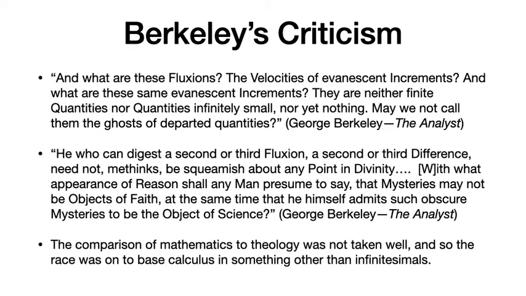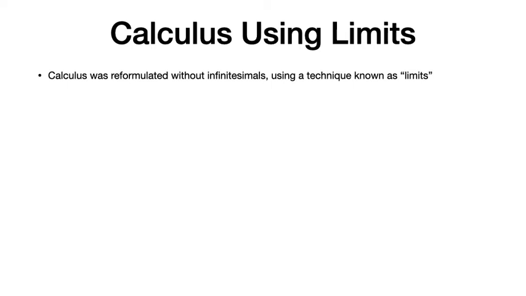And so this comparison of mathematics to theology was not taken well, and the race was on to base calculus on something other than infinitesimals. This led to doing calculus using limits. So they reformulated calculus so that you didn't have to use infinitesimals, and instead used a technique known as limits.